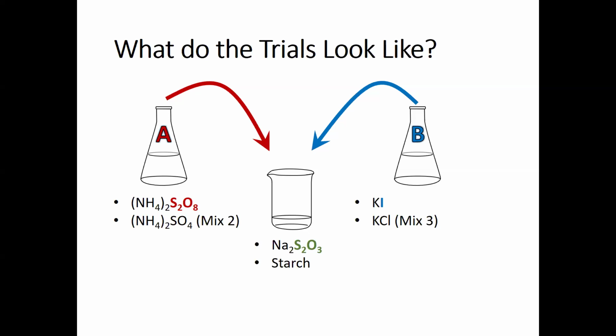Now, as we learned about rate laws, to figure out how concentration affects the speed, we need to change the concentrations. So in mixture two, instead of using the same amount of persulfate, S2O8, you'll use half that amount and you'll add ammonium sulfate, which is, for our purposes, just a filler to keep the volume equal.